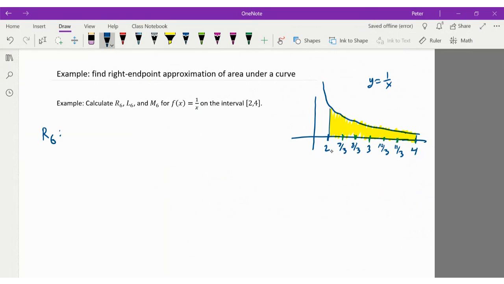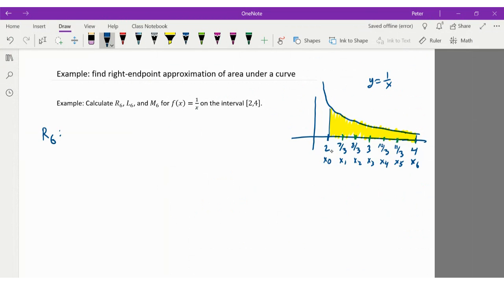If I want to name them, that's x0, that's going to be x6, and that's x1, x2, x3, x4, and x5. So notice that for any approximation with six subintervals, the last endpoint is going to be called x6. The first one is going to be called x0, and we're going to have a total of 7 of them.